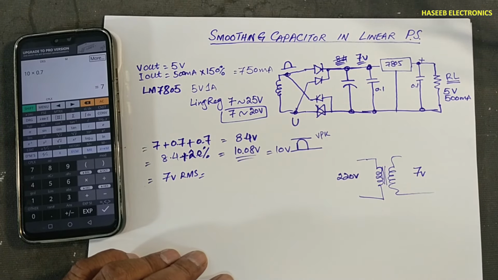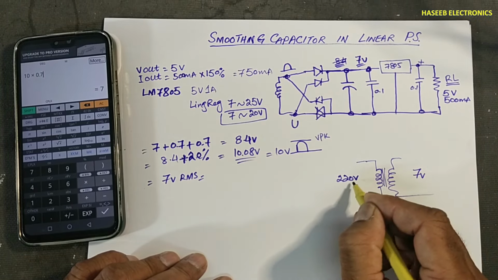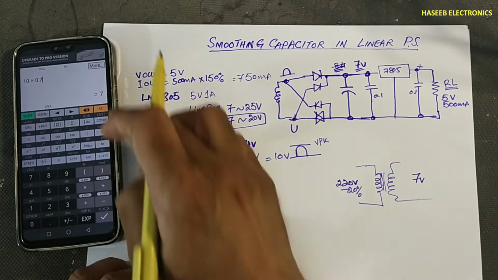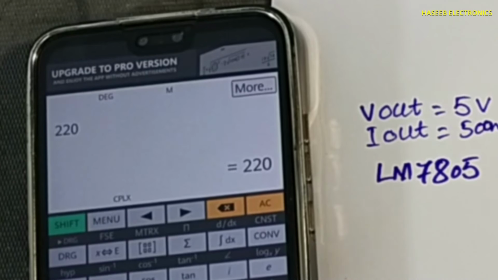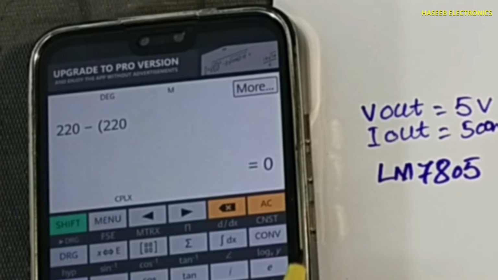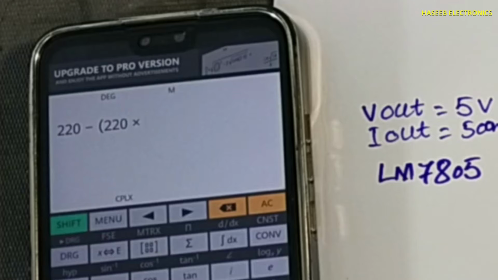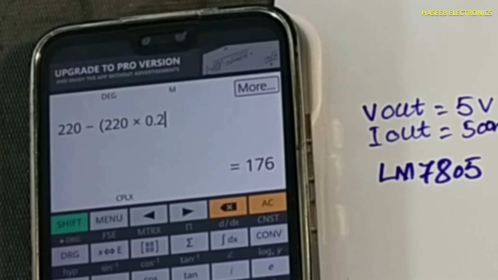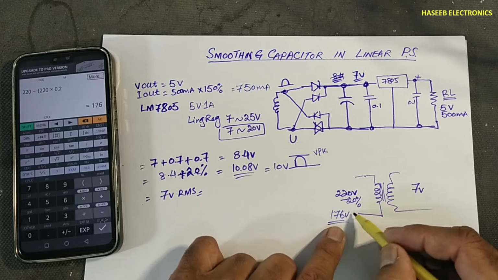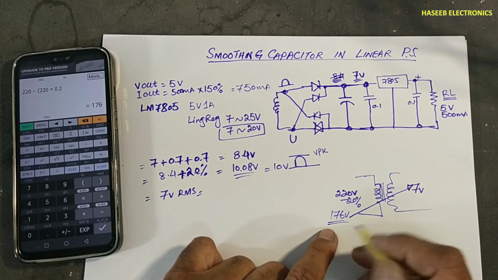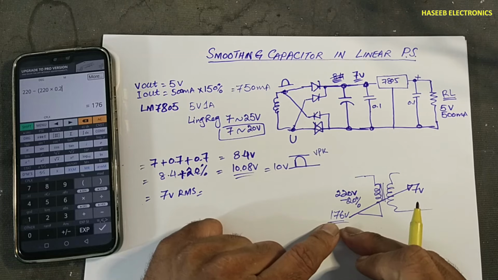Standard voltage 220 volt, minus 20% line drop. 220 minus 220 multiply with 0.2, 176 volt. This transformer will provide 7 volt when the line is dropped.